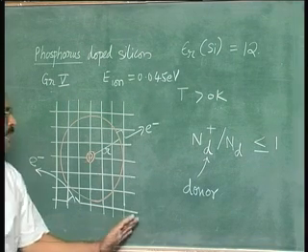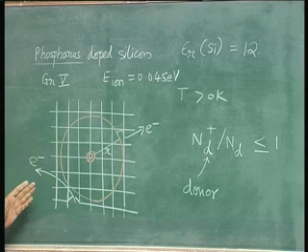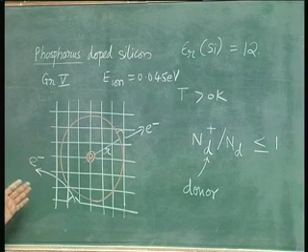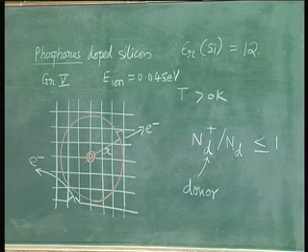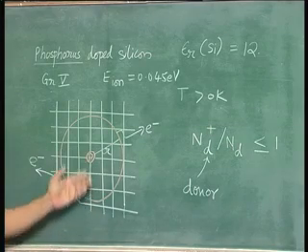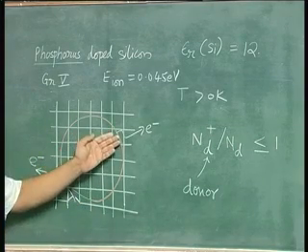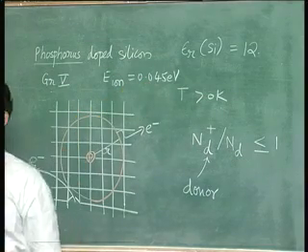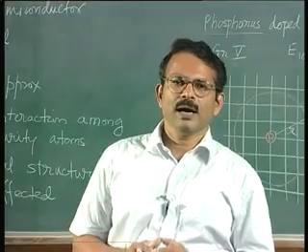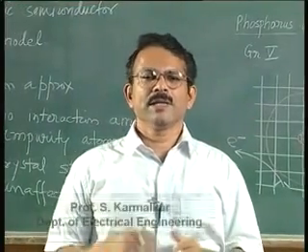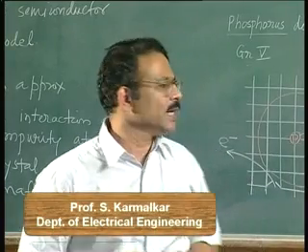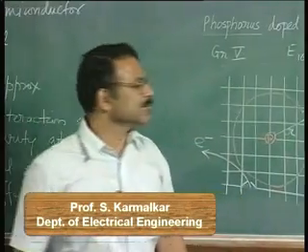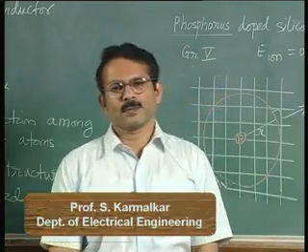Now what we are saying is that at any temperature which is not very high, for example room temperature, you will find that most of the impurities are ionized, because the energy required for this is only 0.045 electron volts, and average energy of a particle under equilibrium conditions, whether you take electrons, holes, photons or phonons, we have said is kT, that is 0.026 electron volts.